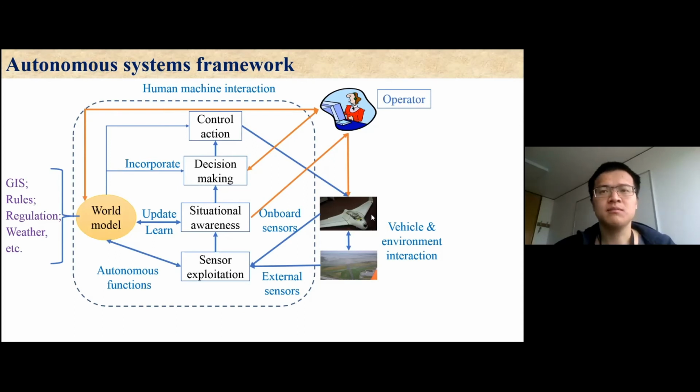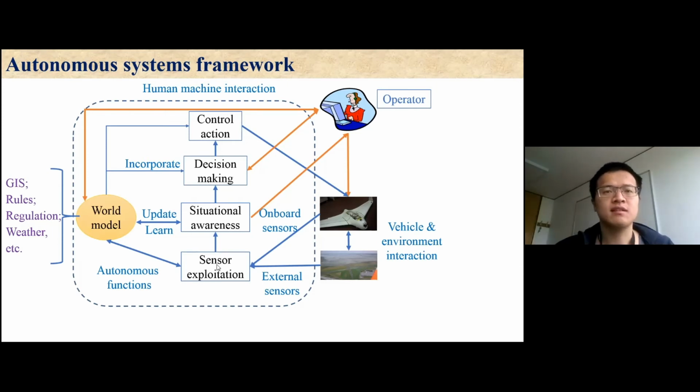An autonomous system can be an air vehicle, ground vehicle, or vessel, etc. Autonomous systems rely on a range of sensors to interact with the environment, such as onboard sensors for its operation, the GPS and the IMU, and sensors to understand the environment, such as the camera and the LiDAR. So sensor exploitation is inevitable for data collection and analysis.